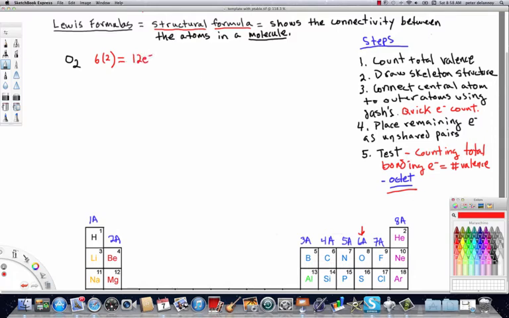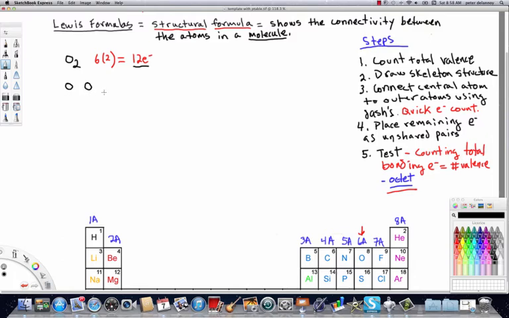This is our magic number. These are the valence electrons that, when it's all said and done, we will have had to use up. Step number 2, we draw the skeleton structure, and since there are only two atoms, we just put them side by side.